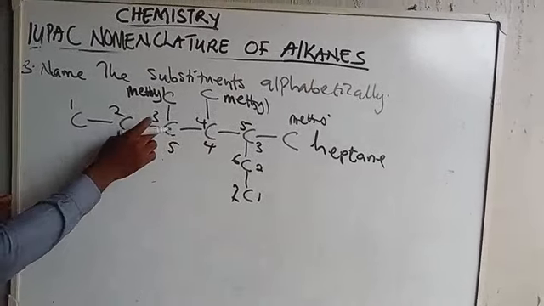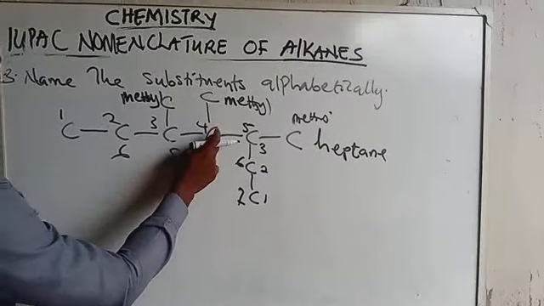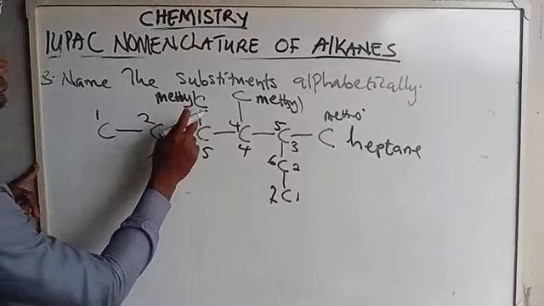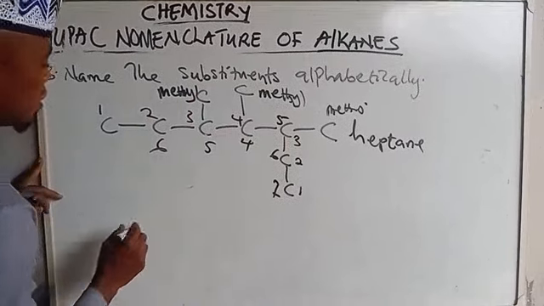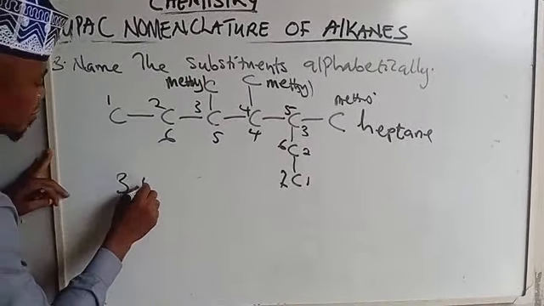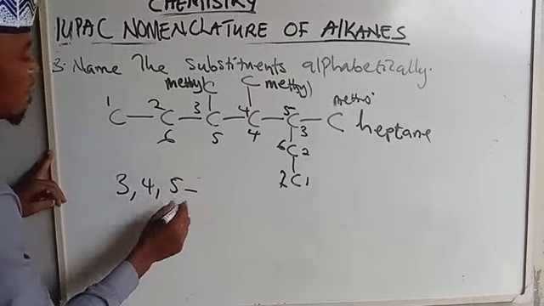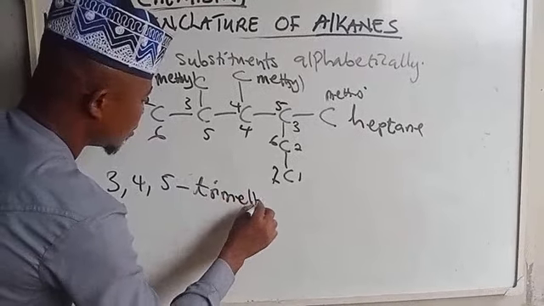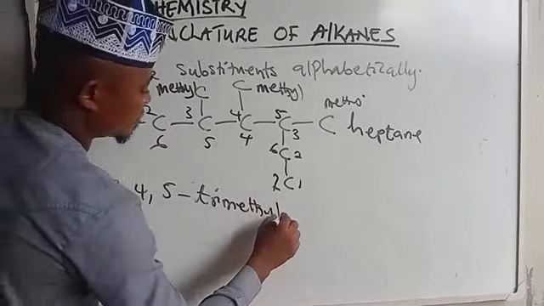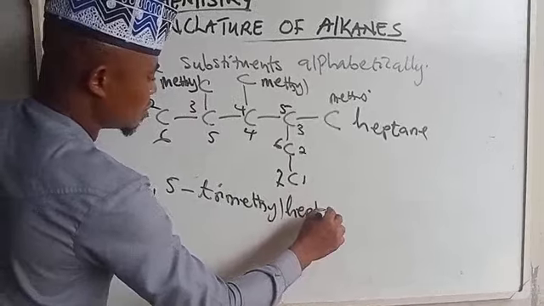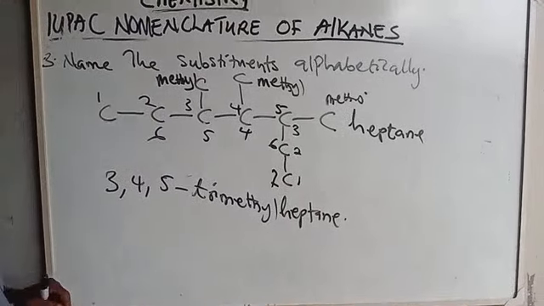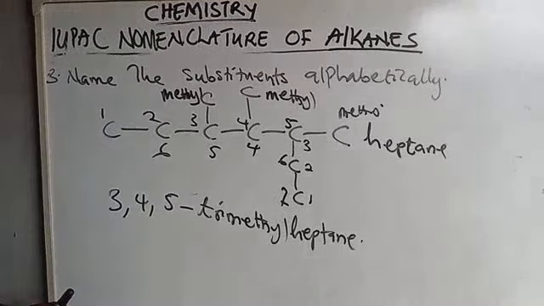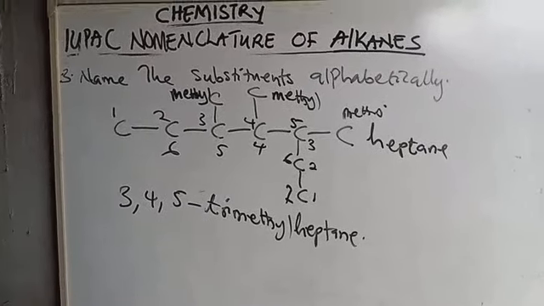So we'll number from any side. The first side chain is on carbon 3, the second is on carbon 4. Any direction is correct. So we're going to say 3, 4, 4. Because there are 3 methyl groups, use the word tri: trimethylheptane.